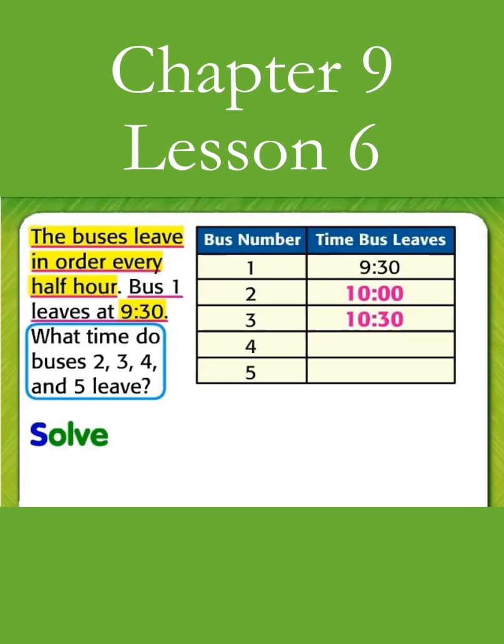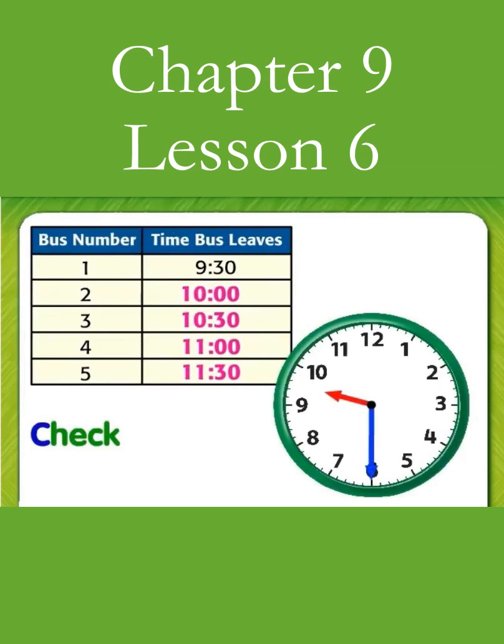Bus 4 leaves at 11 o'clock, which is a half hour later, and Bus 5 leaves at 11:30. Let's check our answer. Is our answer reasonable? Our answer is reasonable because each bus left 1 half hour or 30 minutes later than the bus before it.